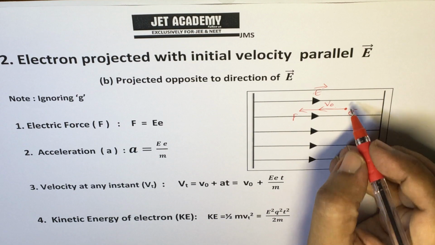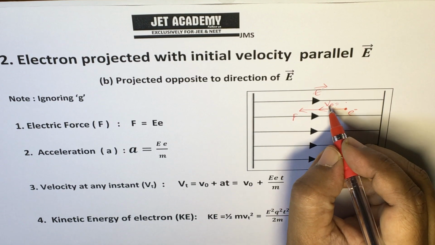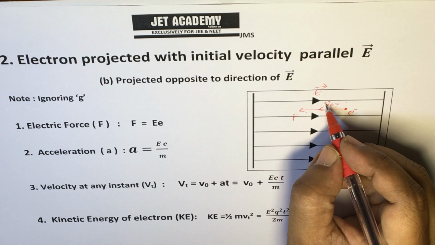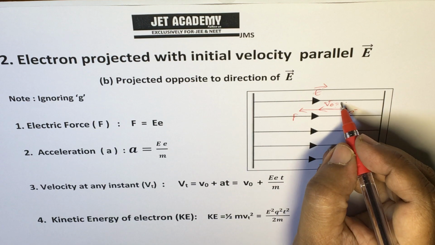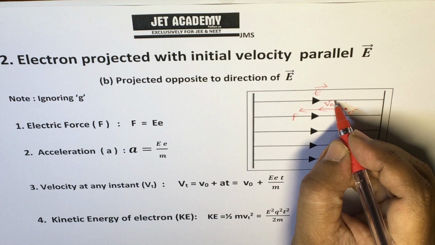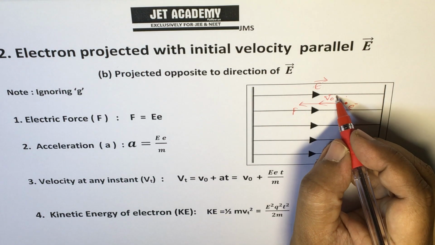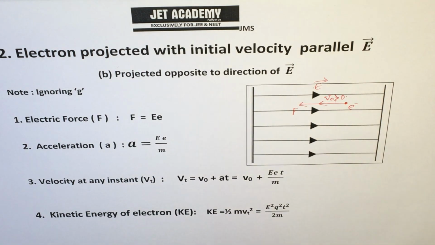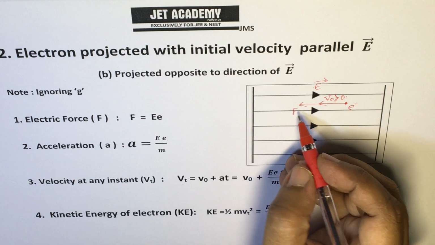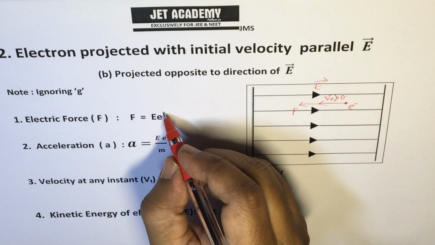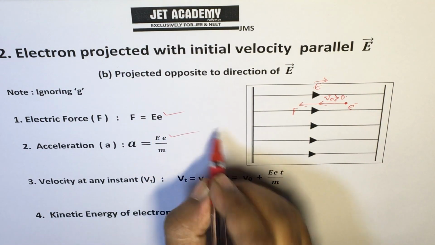Hence it is as good as the same case when an electron is kept at rest, where v naught is taken as 0, but here v naught is greater than 0. Then F is simply the same, eE, and the acceleration remains the same.